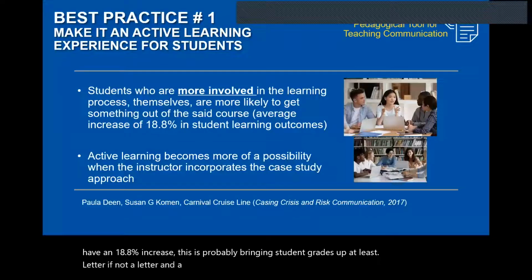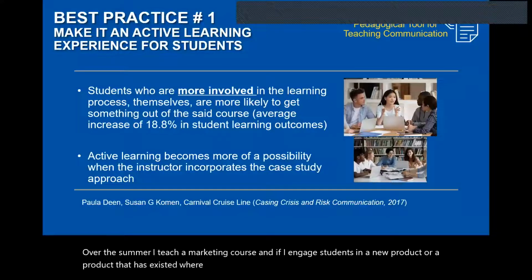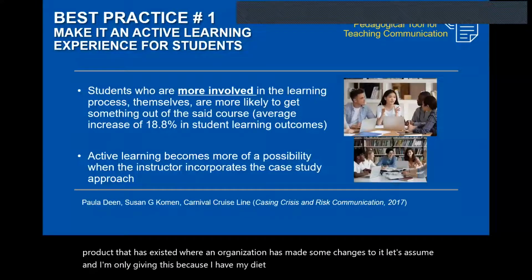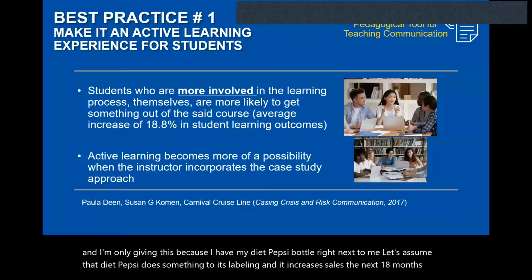Over the summer, I teach a marketing course. And if I engage students in a new product, or a product that has existed where an organization has made some changes to it, let's assume, and I'm only giving this because I have my Diet Pepsi bottle right next to me, let's assume that Diet Pepsi does something to its labeling and it increases sales over the next 18 months by 1.2%.